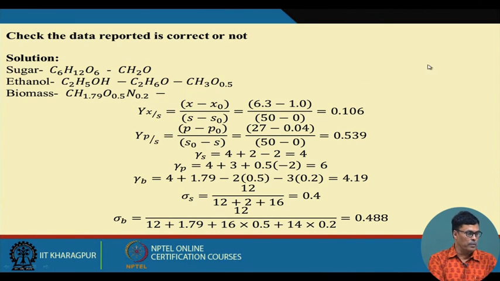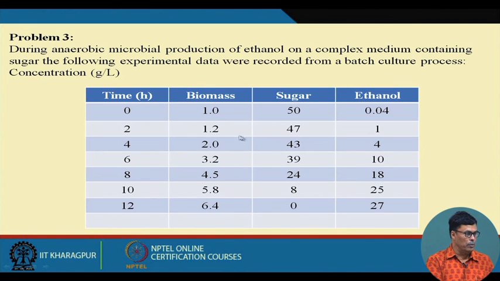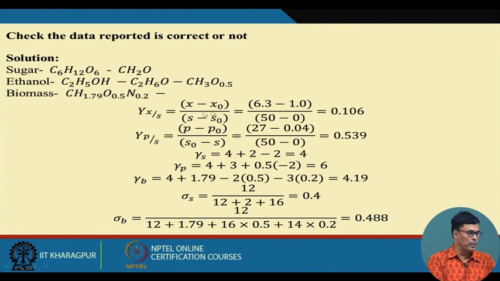Now from the experimental results you see that we know the initial and final substrate concentration, initial and final product concentration, and initial and final biomass concentration. Since we know that, we can easily calculate x minus x0, the final biomass concentration minus the initial biomass concentration, divided by the substrate concentration change S0 minus S, that is initial substrate concentration minus final substrate concentration.